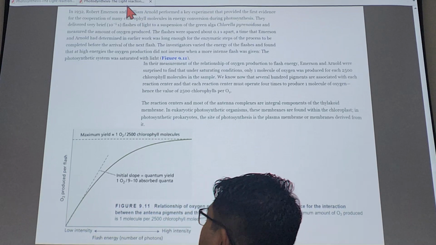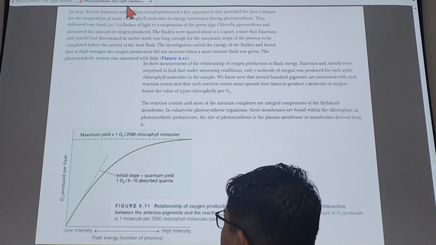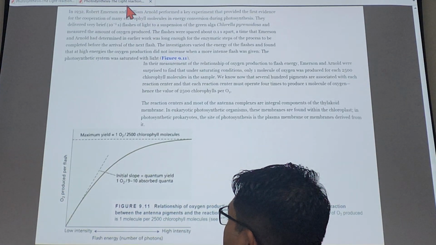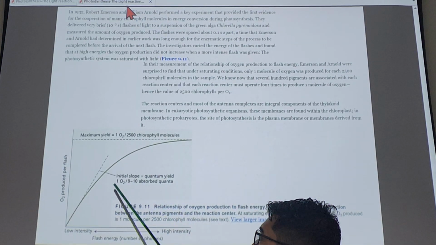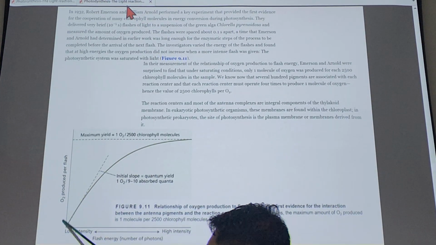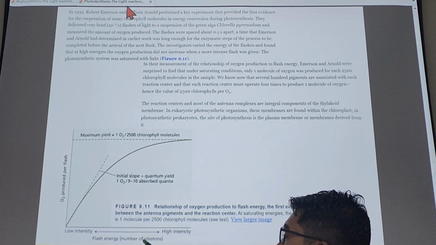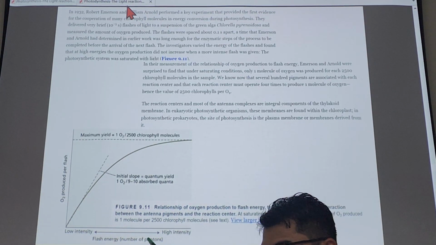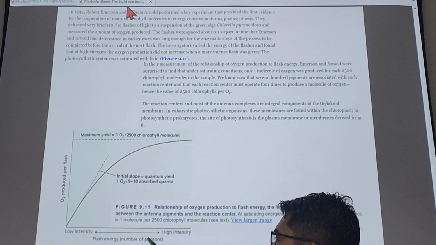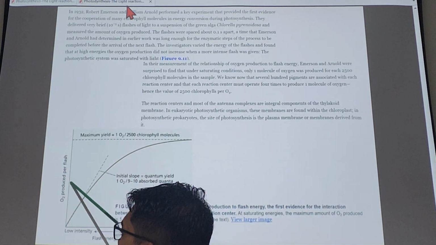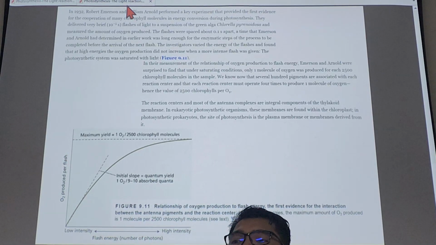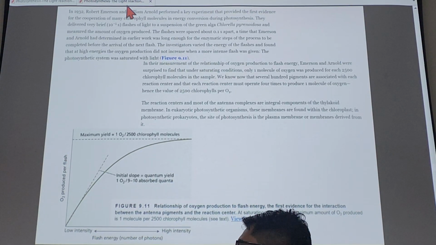And this is also a concept that you need to understand here, which is the quantum yield. So we have a little graph here. It shows the number of photons given to photosynthetic cells in relation to the oxygen produced per amount of photon or light particle given.